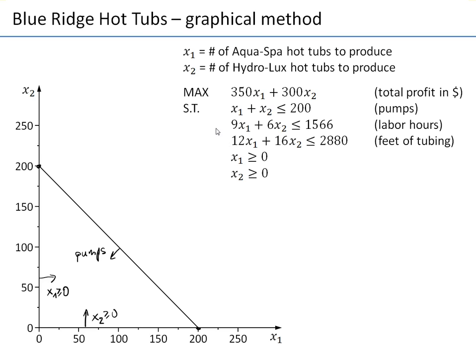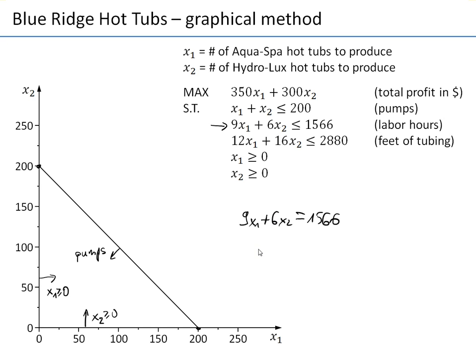So labor constraints, we'll take the second constraint. Labor hours that is used must be limited to a maximum of 1566. So how do we find points that satisfy this constraint? Again, as before, we have to ask ourselves, what is 9x1 plus 6x2 equal to 1566?